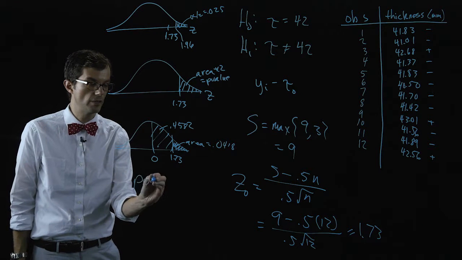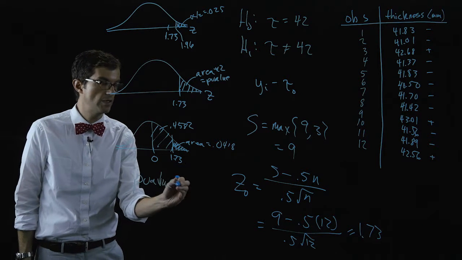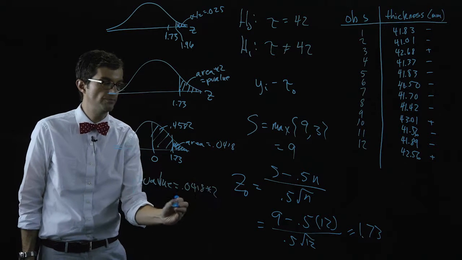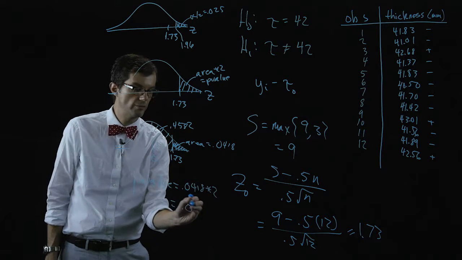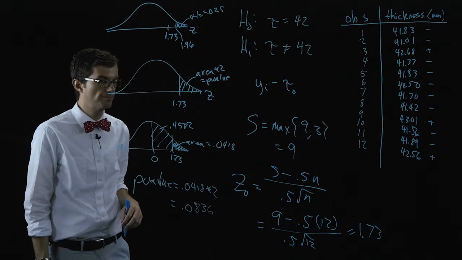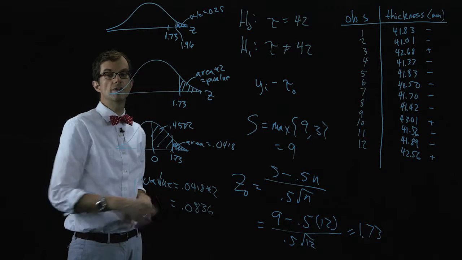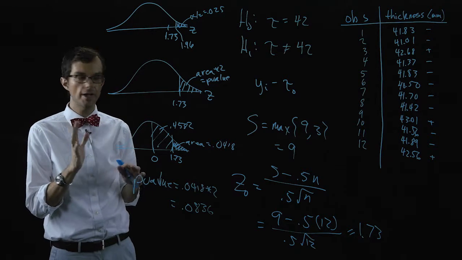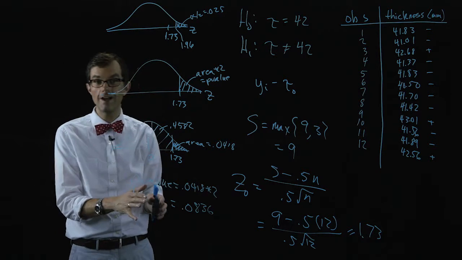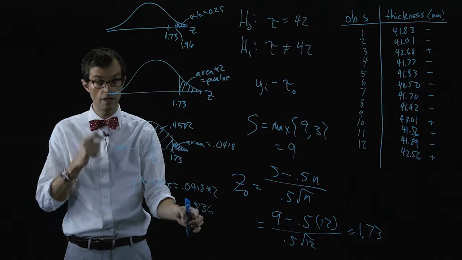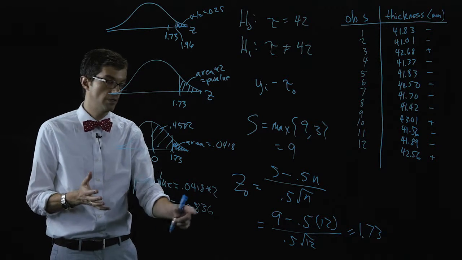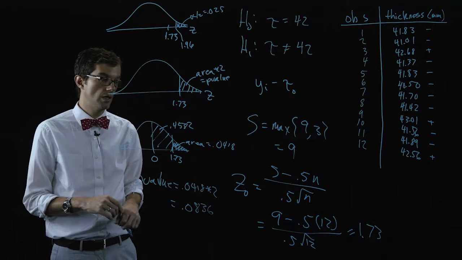So the p-value is 0.0418 multiplied by 2, which is 0.0836. That's a little iffy. If you wanted 95% confidence, the p-value is greater than alpha of 0.05, so you would not reject the null.